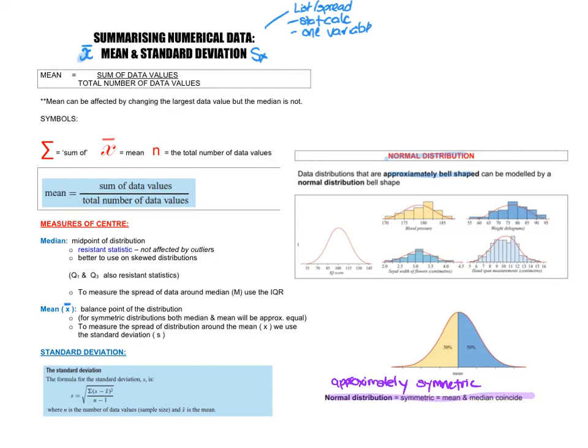If you look here, we've done a few examples of symmetric shaped data. If we have symmetric data, the mean will be in the middle, and 50% would be above it and 50% would be below it. Okay, so we're going to move on.